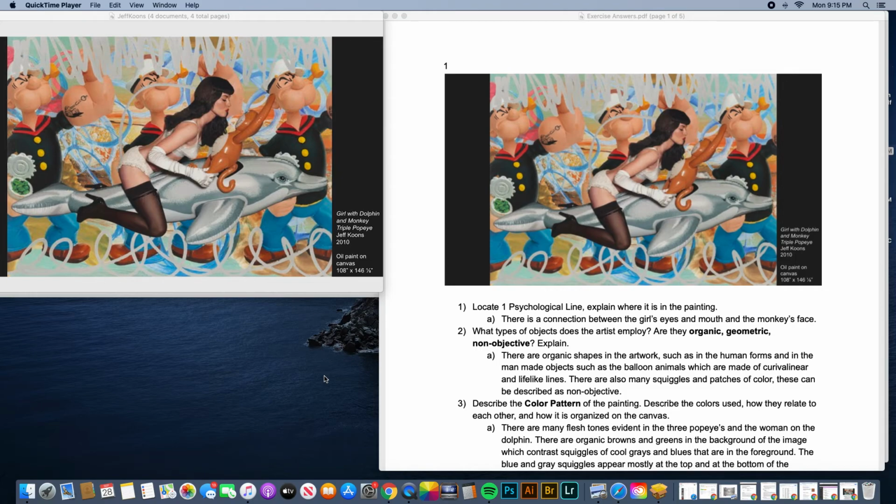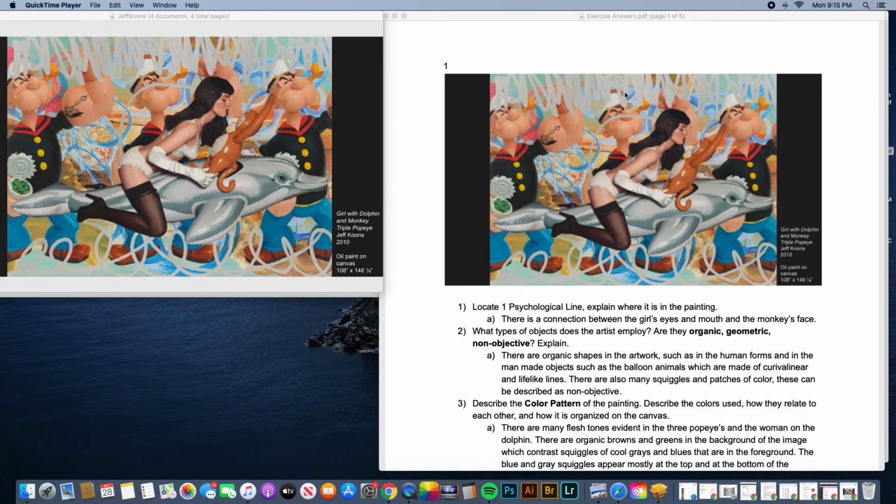My answer, and believe me, there are other psychological lines in this painting, but my answer is the easy one, which in my opinion is there's a connection between the girl's eyes and mouth and the monkey's face.